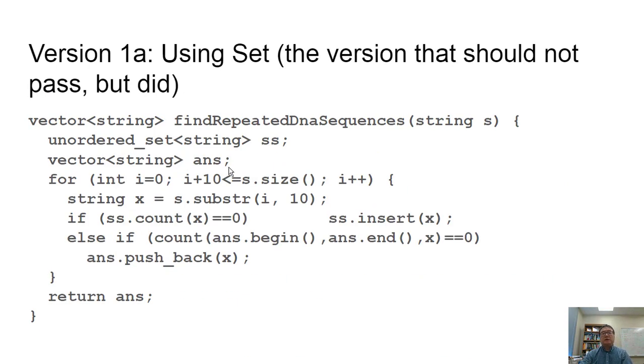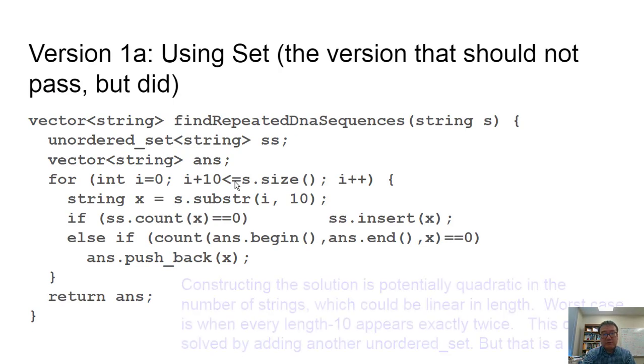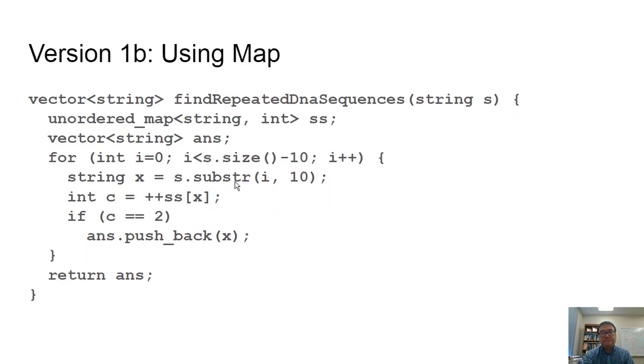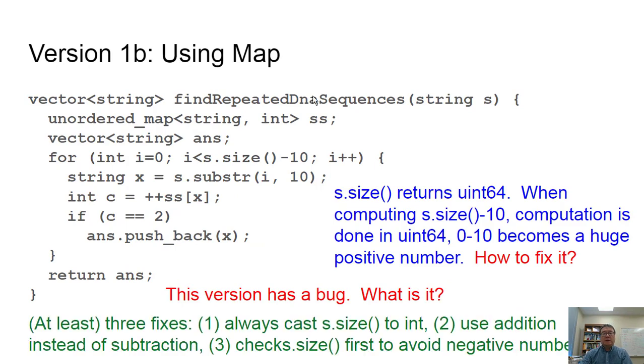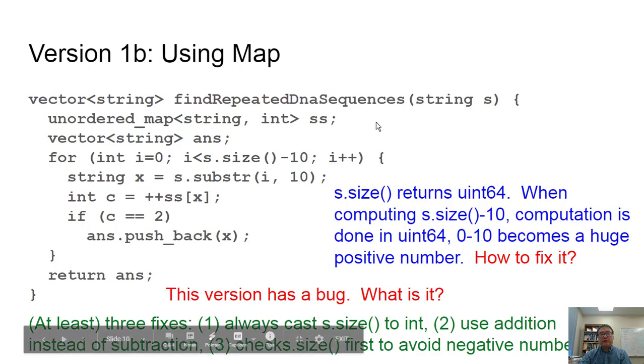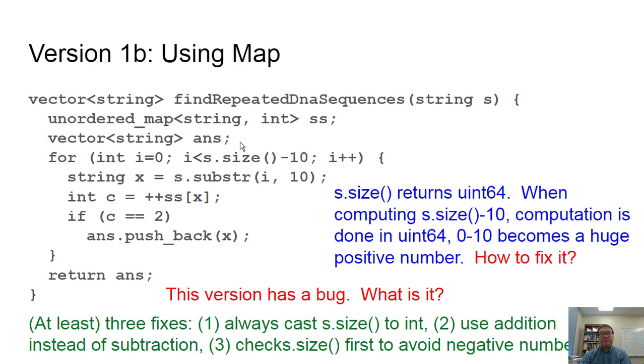Yeah, that's why some of the earlier code is like that, using addition instead of subtraction. And the third is we can check the size first to avoid a negative number, because if size is less than 10, we can simply return an empty answer, because there's not going to be any string. So we can add a check here: if s.size is less than 10, return answer before the for loop.